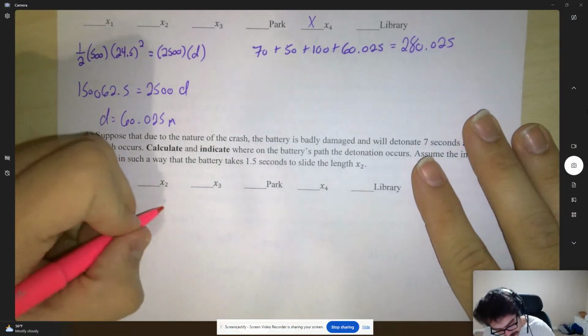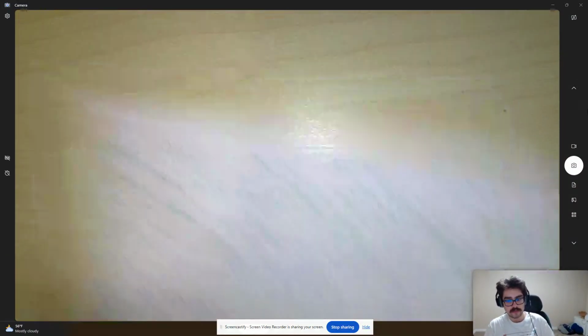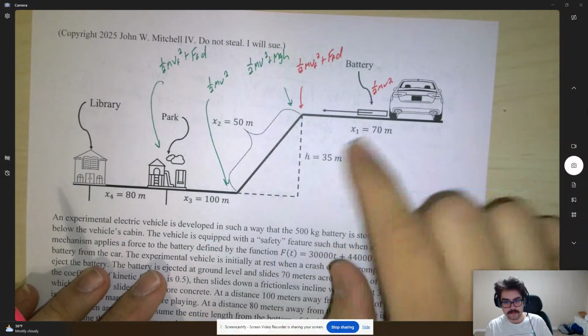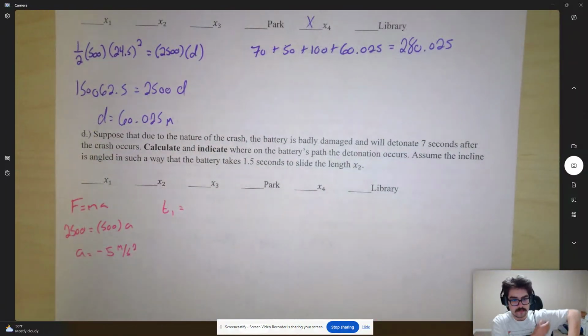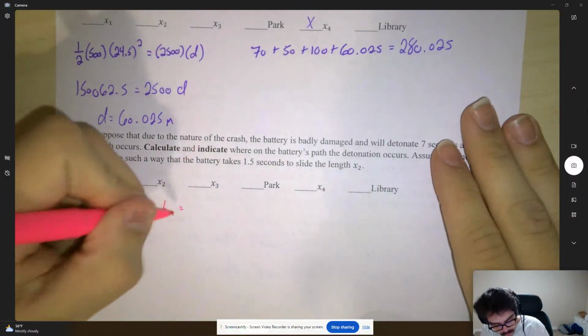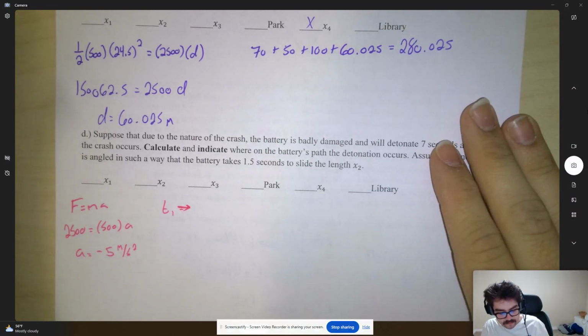Let's find t, the time it takes to go through section 1. You know the acceleration is negative 5 meters per second squared. You know the final speed. To find T1, the final speed right before it hits the incline is 30.